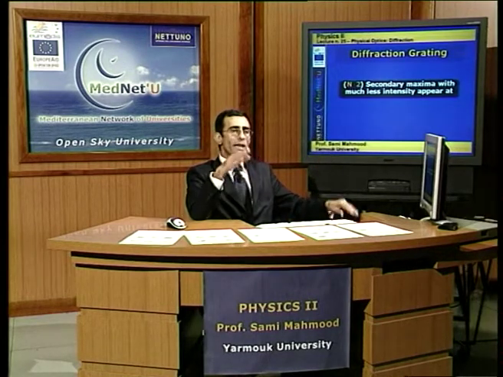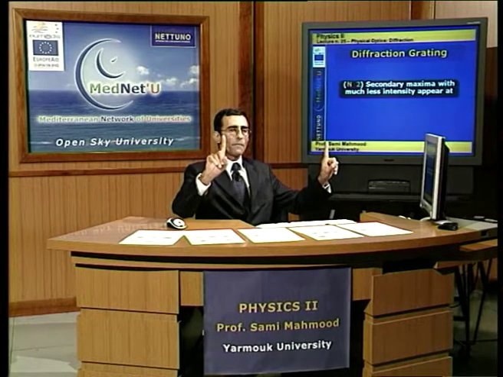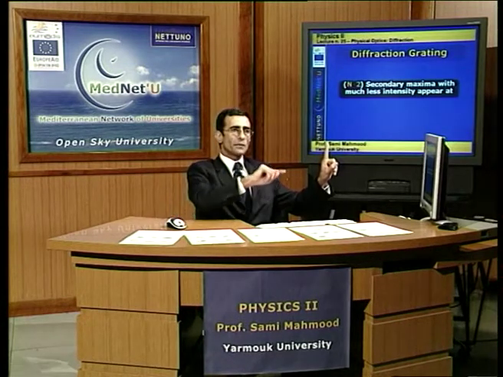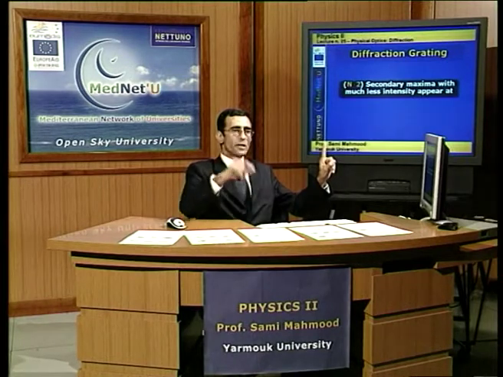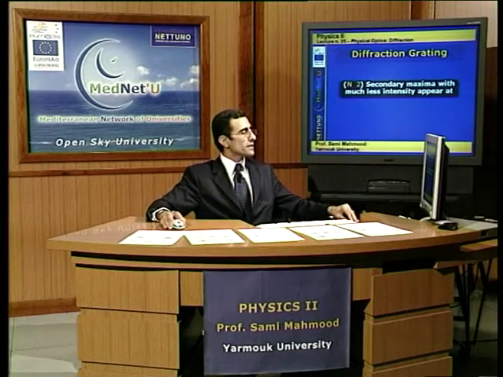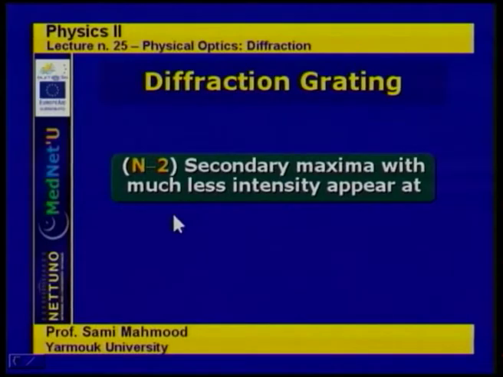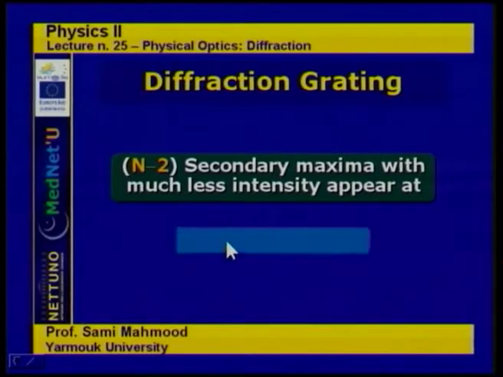That means in between the principal maxima we have secondary maxima, and the number of these secondary maxima is N minus 2. These secondary maxima have much less intensity than the principal maxima.